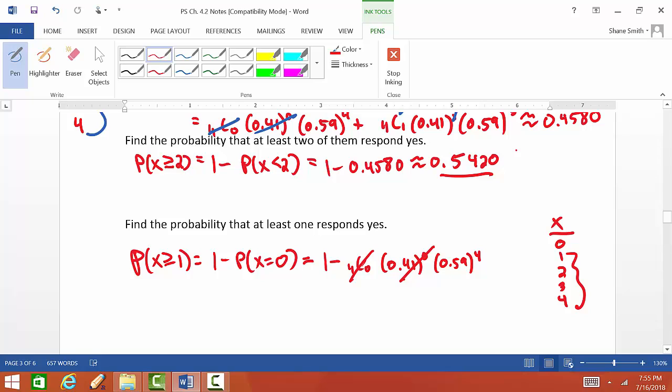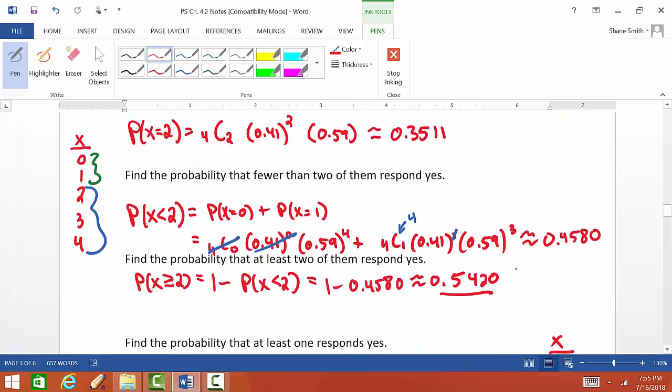So really it's just 1 minus 0.59 to the 4th. And 1 minus 0.59 to the 4th is 0.8788. Okay.